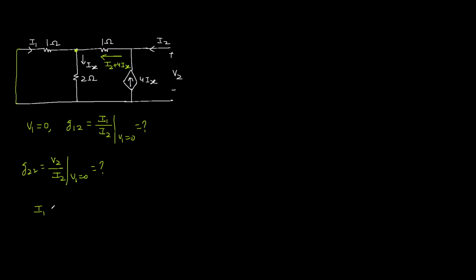So I1 current entering, another current entering is I2 plus 4Ix, and this leaving current is Ix. So I1 plus I2 is Ix minus 4Ix, which is minus 3Ix. So Ix is minus 1 by 3 I1 minus 1 by 3 I2. This is equation 1.